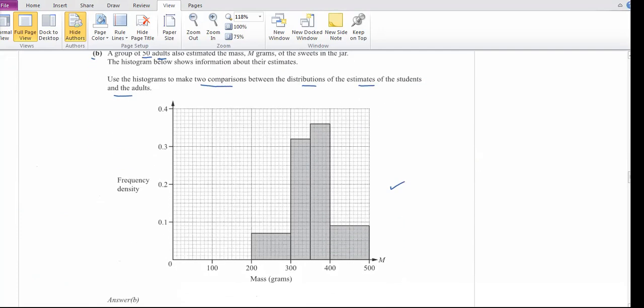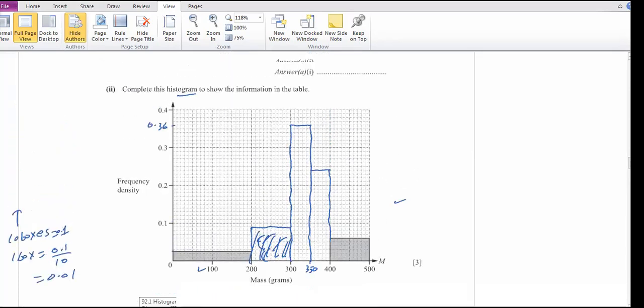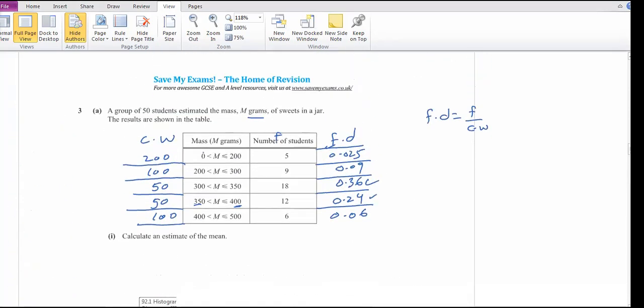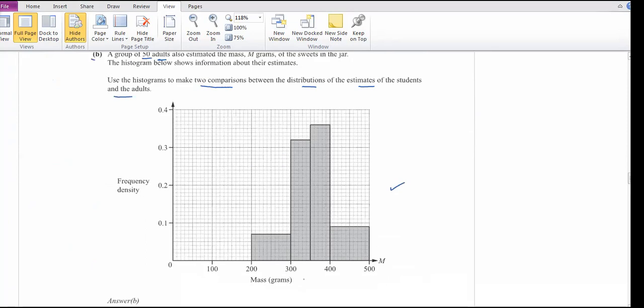In the adults' histogram, the bars are from 200 to 300, 300 to 350, 400. So if I compare, this one is by students, and this one is estimated by the adults.